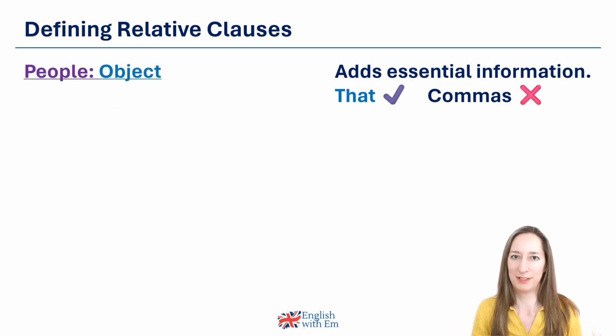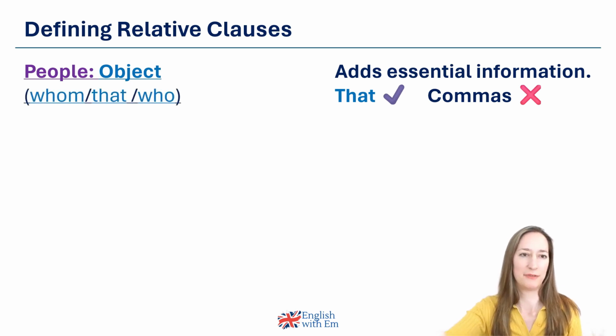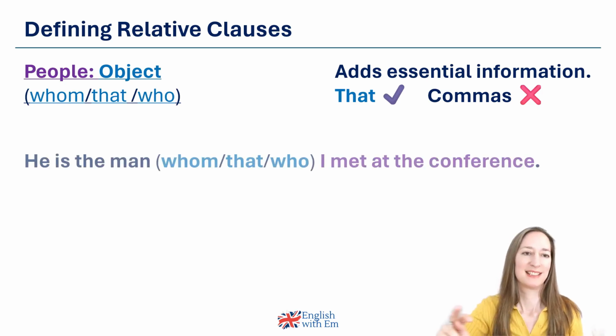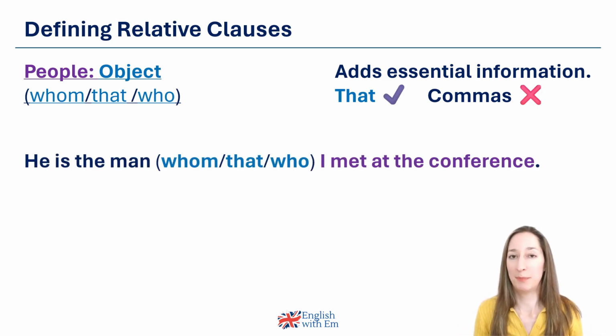Now let's have a look at some object clauses so you can see the difference. So here we use whom, that, or who. He's the man whom I met at the conference. Or, he's the man that I met at the conference. Or, he's the man who I met at the conference.